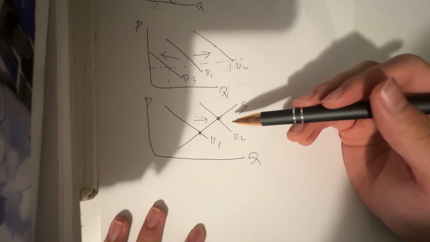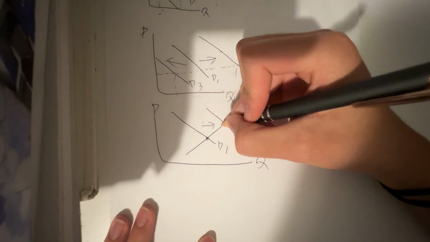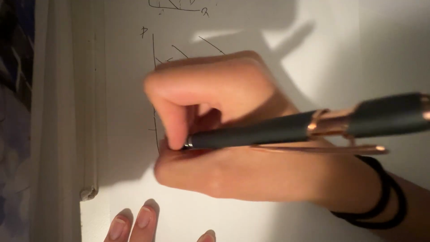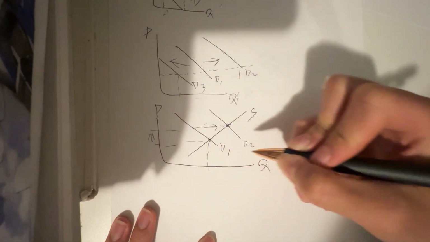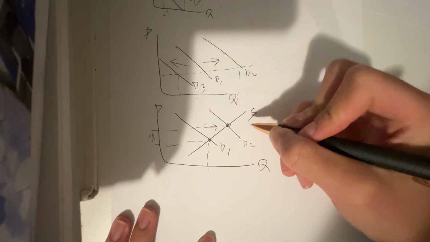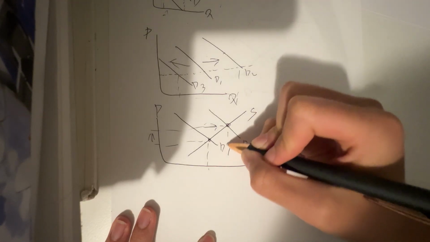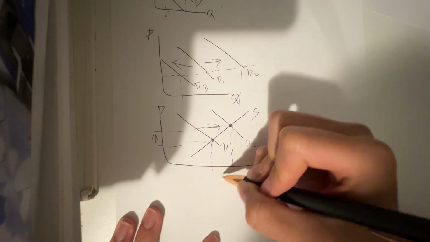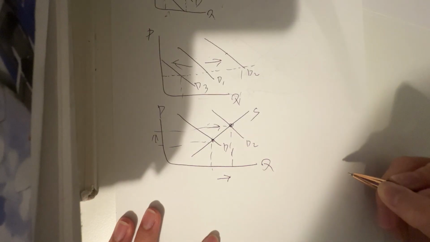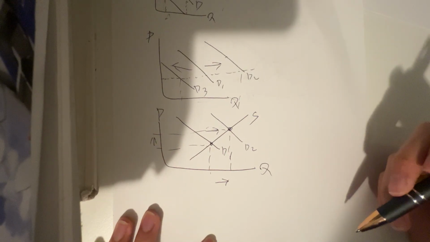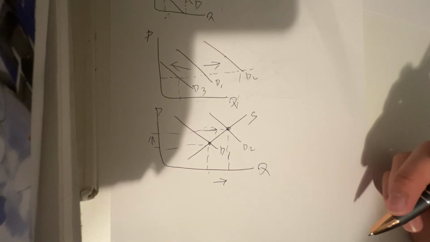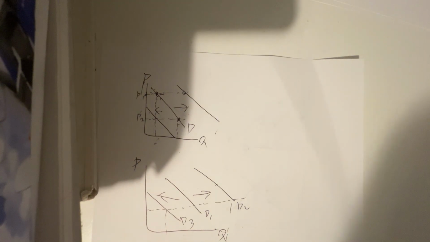It shows that the price is higher, and the quantity is also going up. The quantity demanded is going up, and price is going up. That's because people are going to want to buy more.